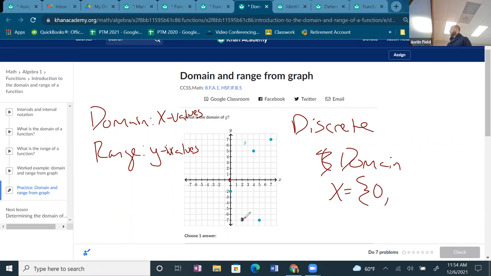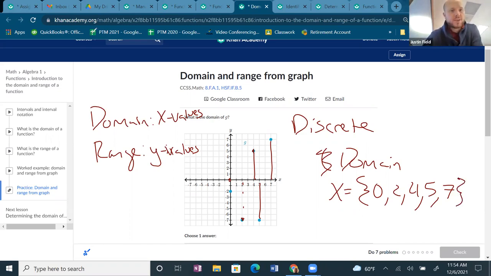What's the x value of this one? 2. Nothing at 3. This is 4. And it's the x value 4. 5. And 7. And you like to use the curly brackets for the domain.